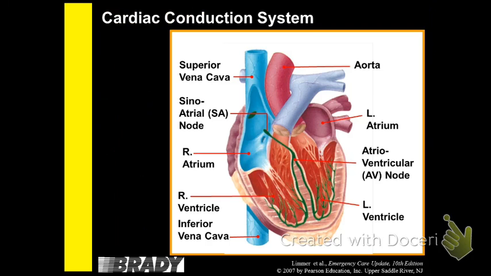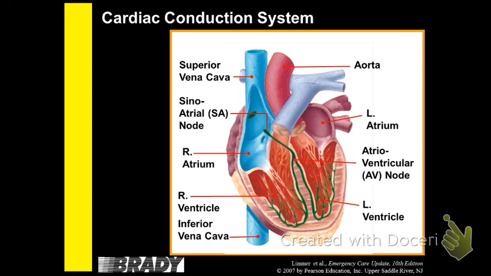Because these atrium have contracted, right? Once the SA node fires, the atrium contracts, and it pushes blood through their valves, correct? The tricuspid valve and the mitral valve. So blood goes in the ventricles.